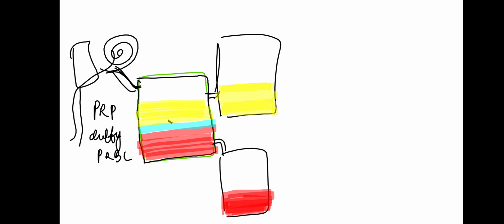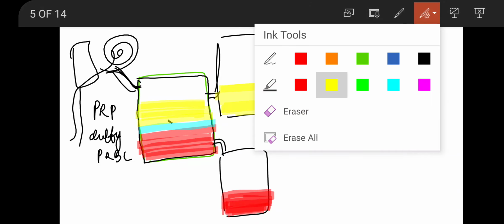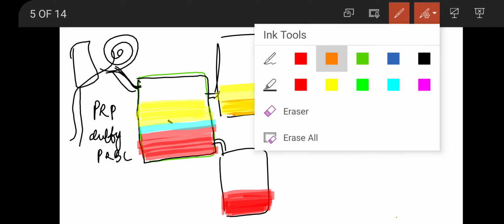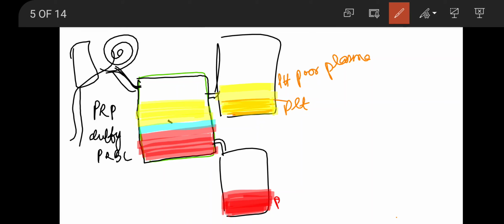Here it is platelet rich plasma. So all the platelets will be down, and above you have platelet poor plasma. Platelets are sedimented at the bottom. And what is this? Packed RBC. So this is how you are getting it.